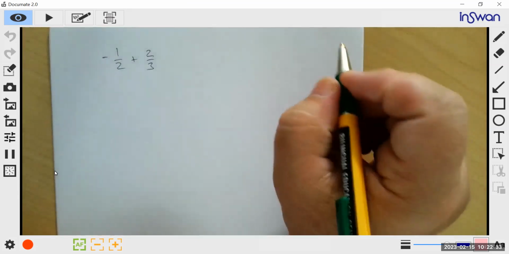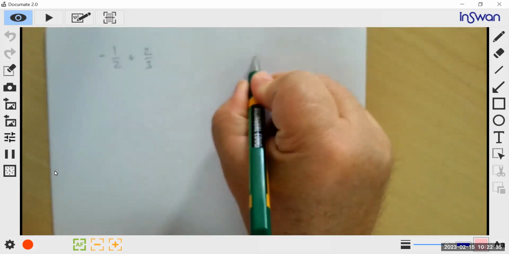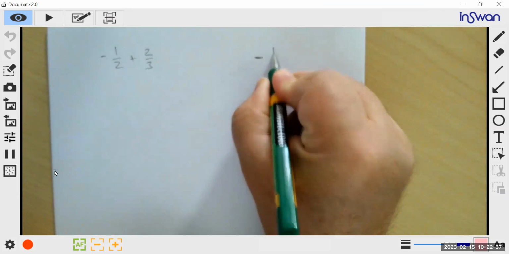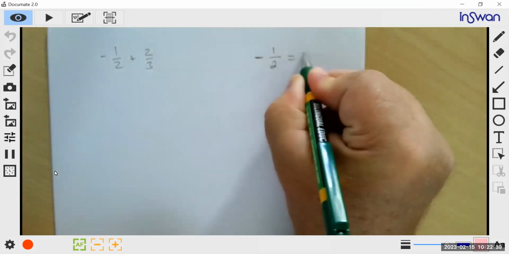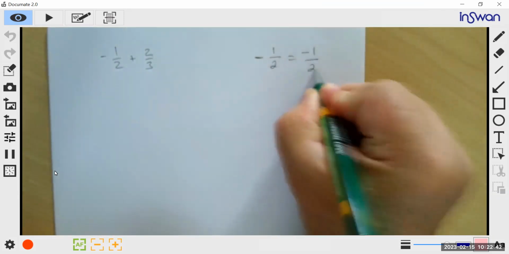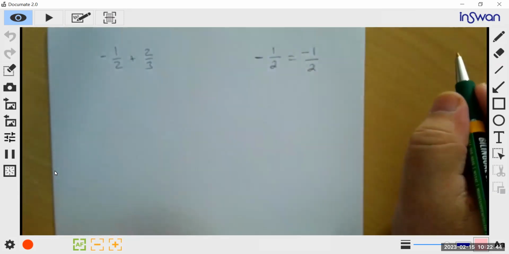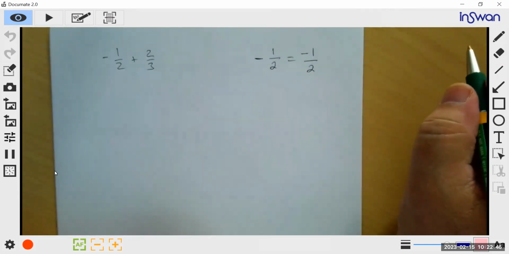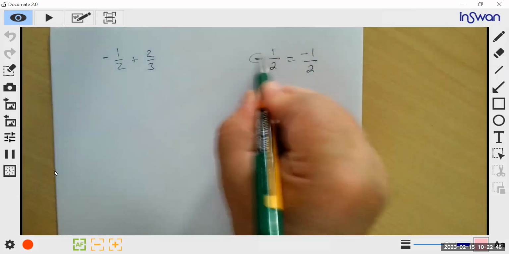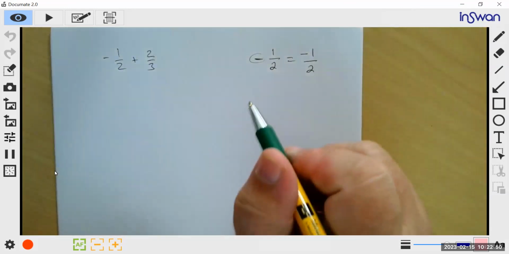When it comes to signs in fractions, the number can be either out in front or on the top number, never on the bottom. So if you have a negative in front, pair it up with the top number.